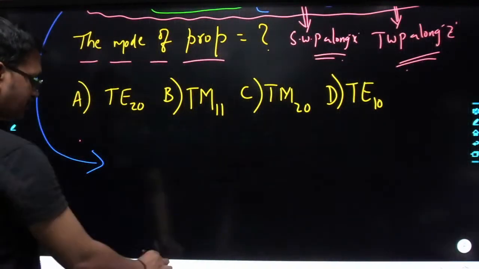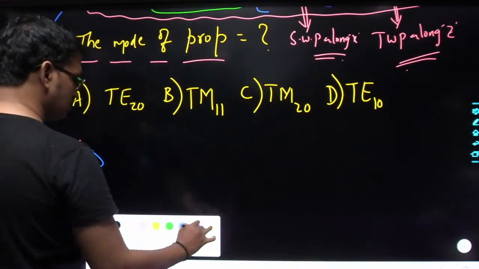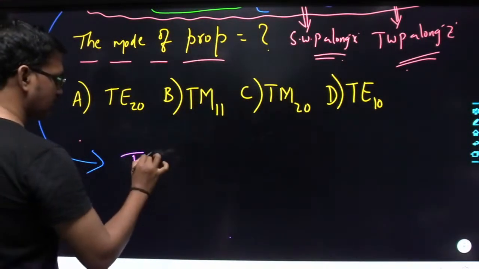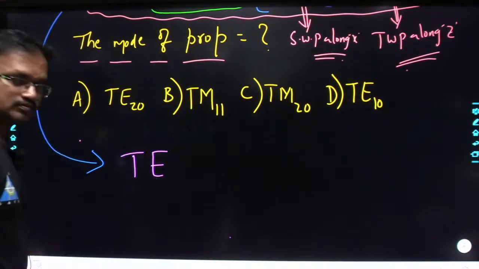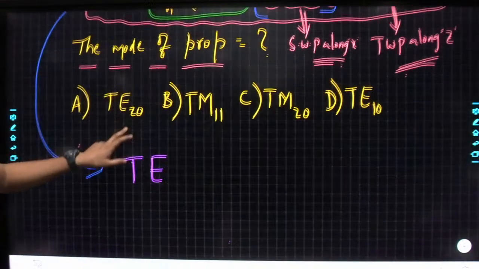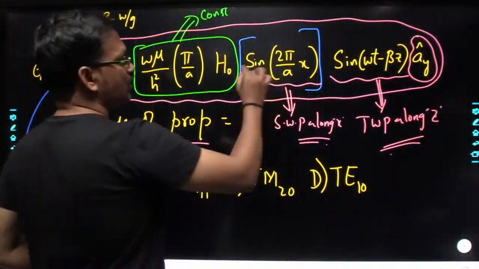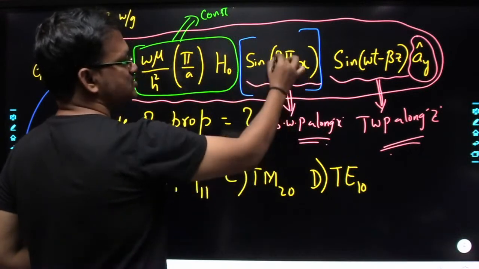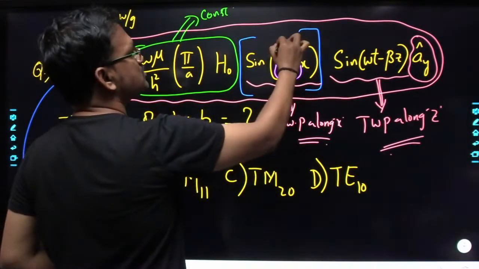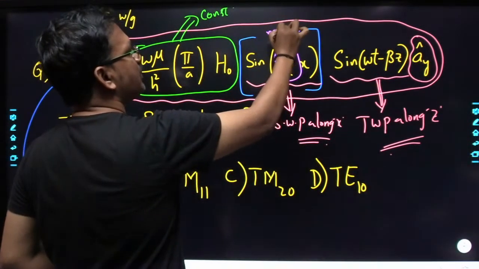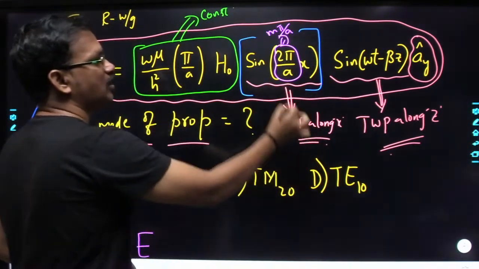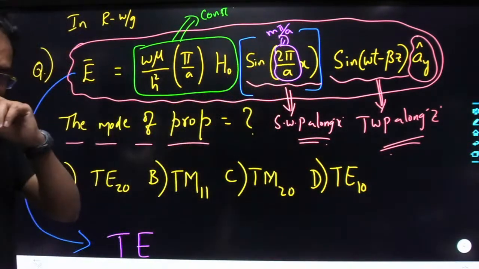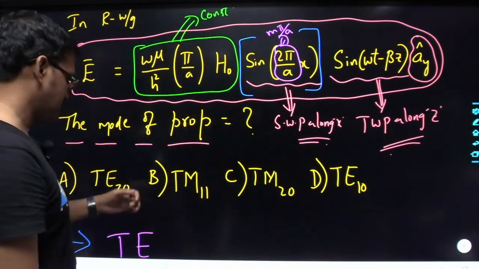So the given mode is nothing but TE mode. That is confirmed. Next, you are having the standing wave pattern along the x direction. This is just like m pi by a. If you compare with m pi by a, the m value is equivalent to 2. Yes or no?